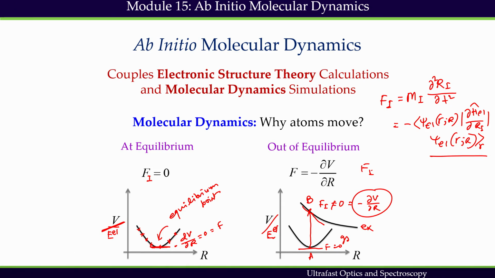So, what is the basic idea in ab initio molecular dynamics, particularly following the mixed quantum classical approach, is that nuclei will move only when there is a force acting on them, and force can be calculated directly from the potential gradient. Potential can be calculated from electronic structure theory calculation.